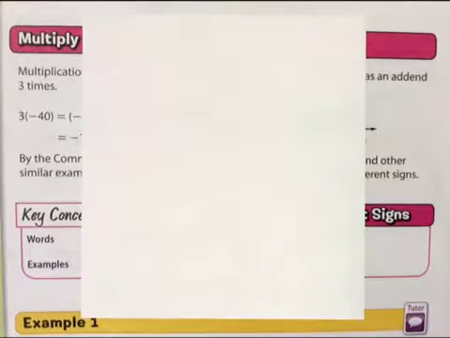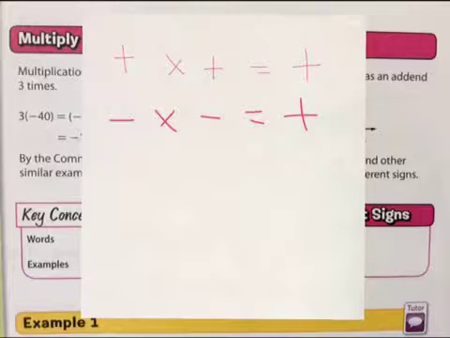For the sake of review, remember these rules. When you multiply a positive times a positive, it's always going to be positive. If you multiply a negative times a negative, it will also be positive. The only time you will have a negative product is when one of the two is negative.